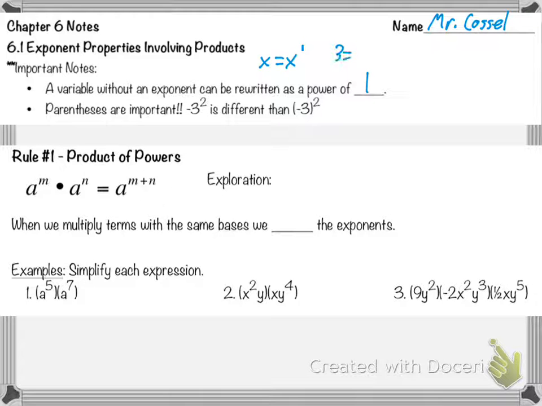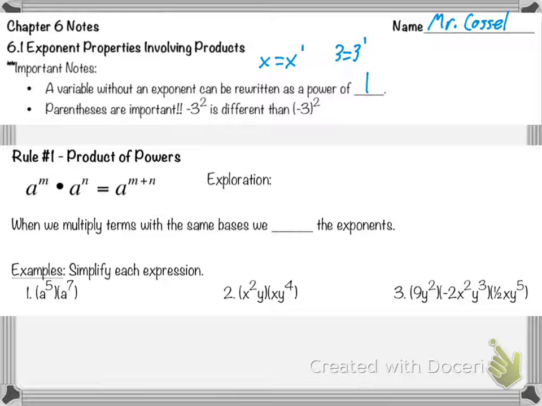Or if we see a 3, it's the same thing as 3 to the first. Because there's one of them being multiplied together. So a variable without an exponent is the same thing as an exponent of 1.